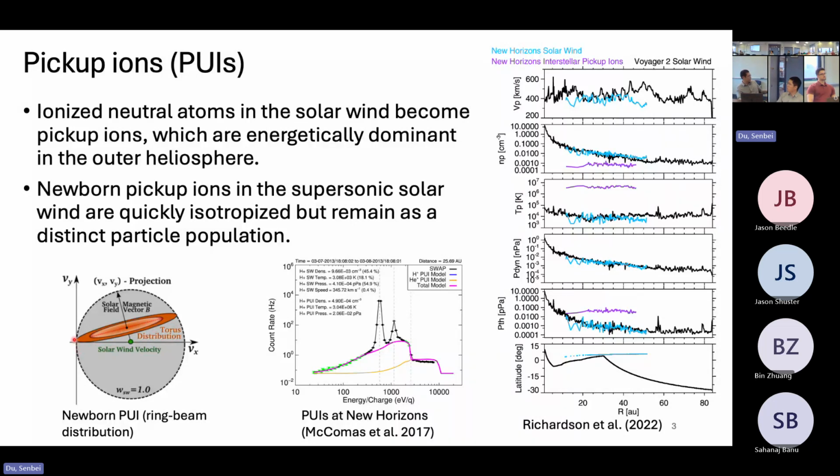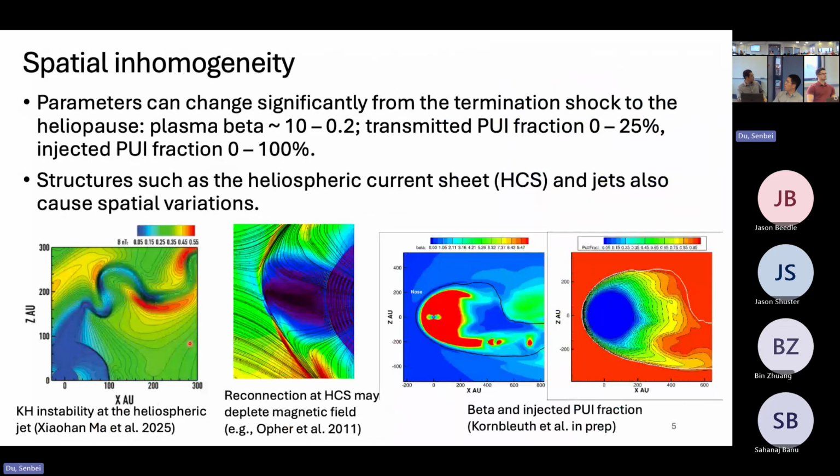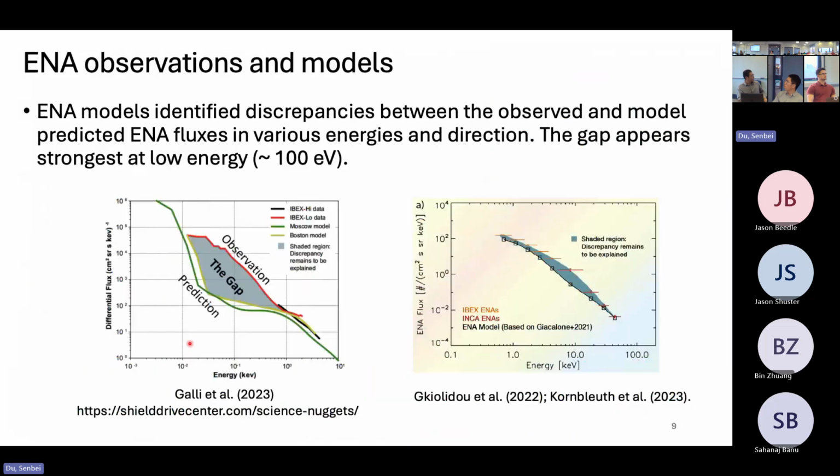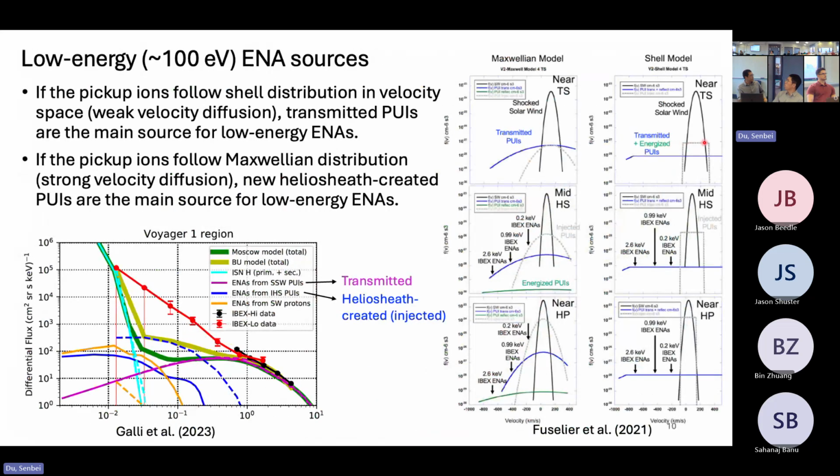The shell distribution means that these pickup ions will fill this velocity shell in velocity space, so it's like a spherical shell, and I'll talk a little bit about that later. So there's a sharp cutoff at this velocity. That's where you see in these models, these injected pickup ions have a sharp cutoff. That's from the shell distribution.